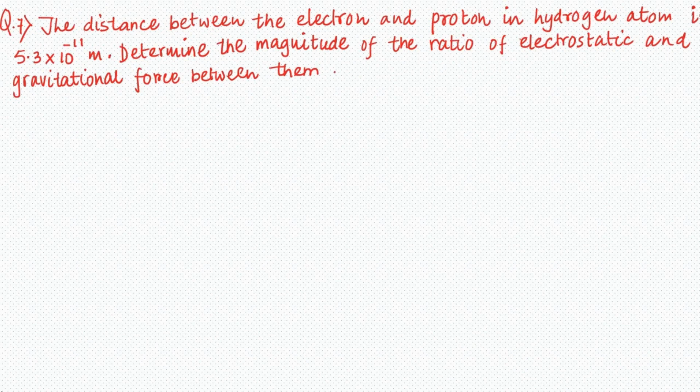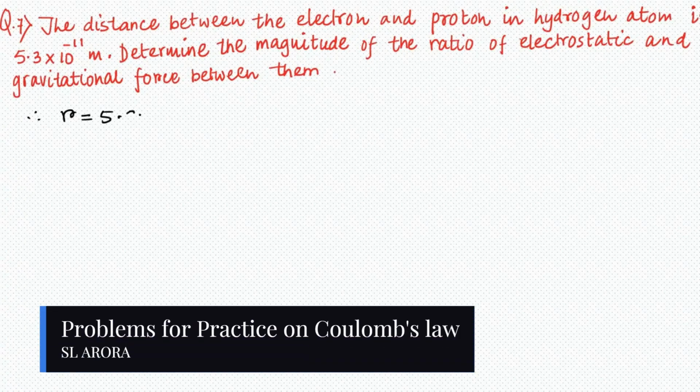Question number 7. The distance between the electron and proton in hydrogen atom is 5.3 into 10 to the power minus 11 meter. Determine the magnitude of the ratio of electrostatic and gravitational force between them. Okay, so the distance, that is r, is given, which is 5.3 into 10 to the power minus 11 meter.